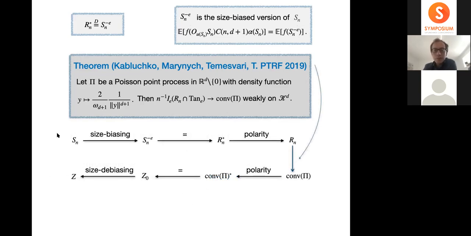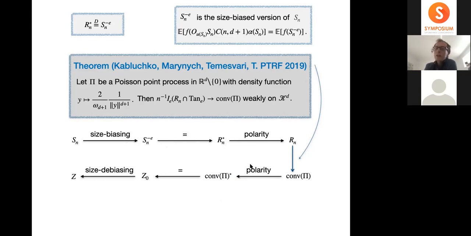So here's a diagram. Here are the cones we are interested in. If you size bias them, you go to the South Pole cones. They are equal in distribution to the polars, the duals of these half-sphere cones. So by polarity, you go to the half-sphere cones. For these half-sphere cones, you know the convergence from the paper with Zakhar, Sasha, and Daniel. Then you have this weak convergence.